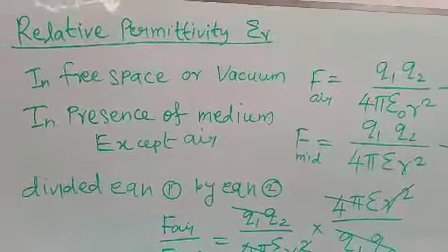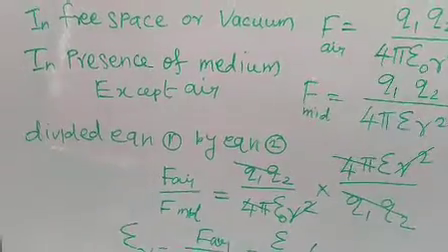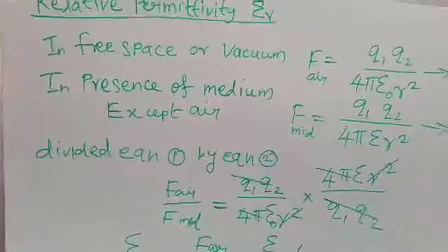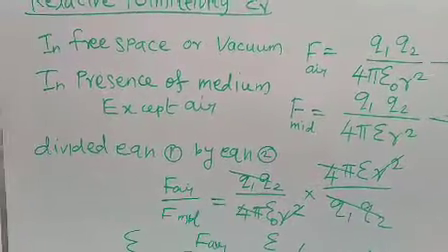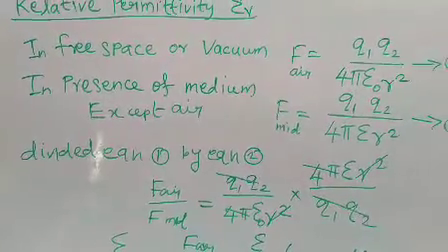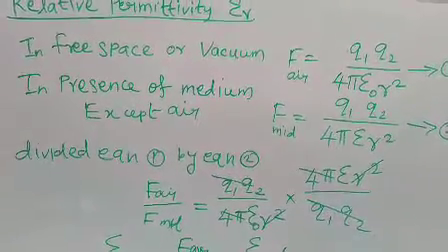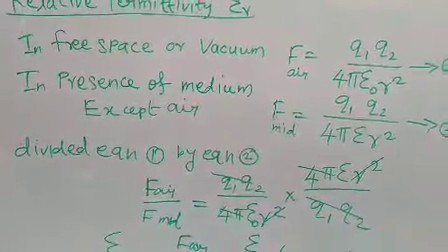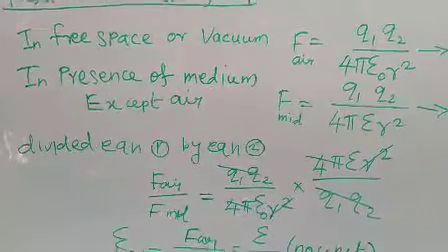So divide equation 1 by equation 2. F air by F medium is equal to Q1 Q2 by 4 pi epsilon naught r square into 4 pi epsilon r square by Q1 Q2. So cancel Q1 Q2 4 pi r square.